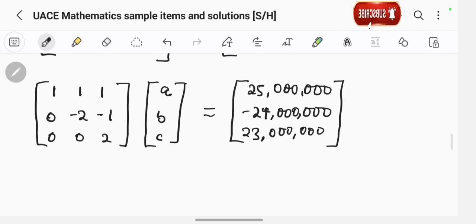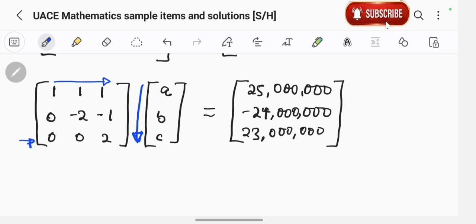So we shall go back to our row by column multiplication of matrices, row multiplied with the column. But for this case, I'm going to begin with the lower row.